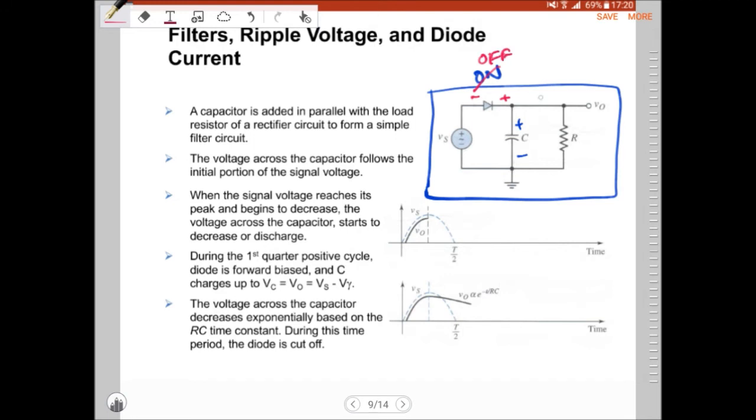When the diode is off, the capacitor will start to discharge, so there will be current flowing. After the first cycle, you have some output voltage, which is due to the current when the charge discharges from the capacitor. You will see the capacitor discharge slowly, so the shape is like this.